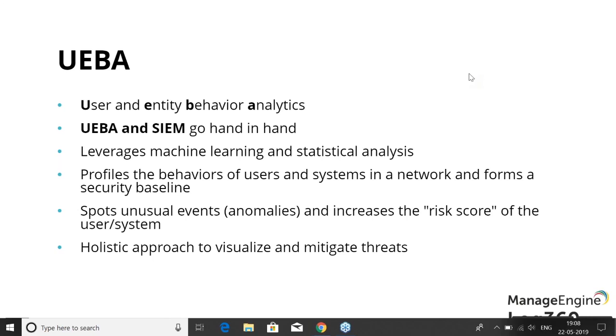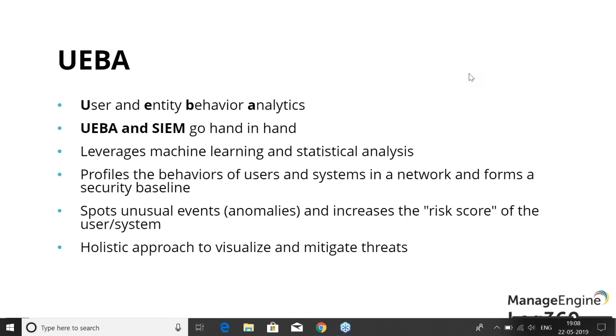It sort of augments the capabilities of SIEM. UEBA uses machine learning and statistical analytical techniques, applying these machine learning algorithms on the SIEM data to profile the behaviors of users and systems in a network to define what we call a security baseline.